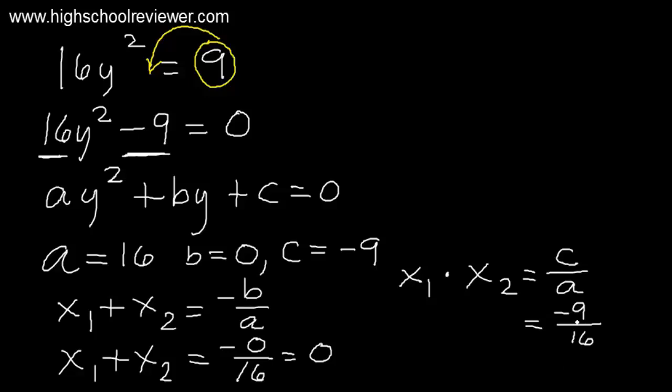We cannot simplify this anymore, so negative 9 all over 16 is our value for x sub 1 times x sub 2. So let's put here a box. Our sum of the roots is 0, and our product of the roots is negative 9 all over 16. They are our final answers.